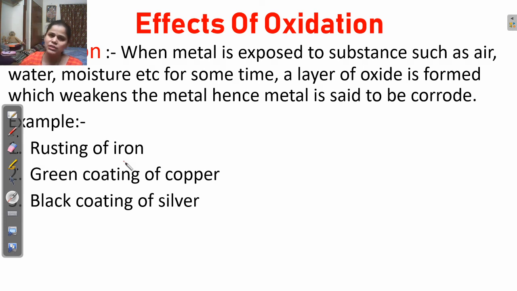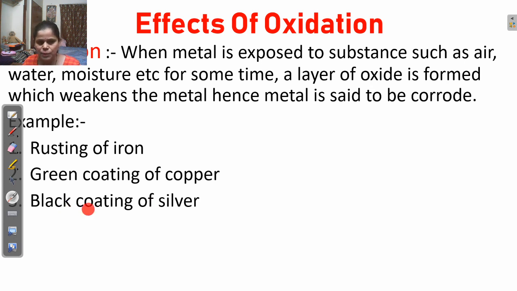So this is the rusting of iron. And next is the green coating of the copper. If you leave the copper utensils in open air or filled with water, then after some time you can see a greenish layer appear on the upper surface of the utensils. So this is a corrosion of the copper.